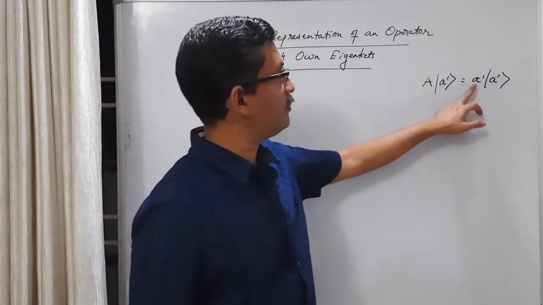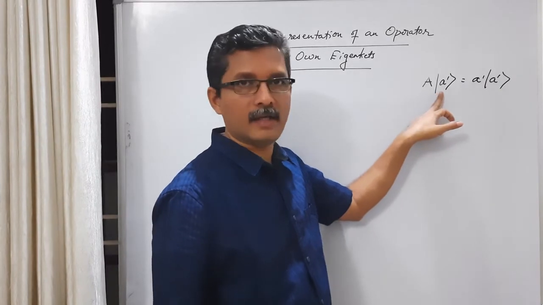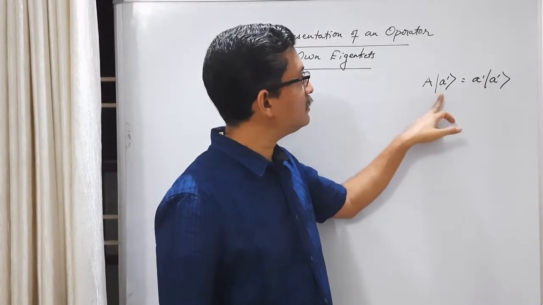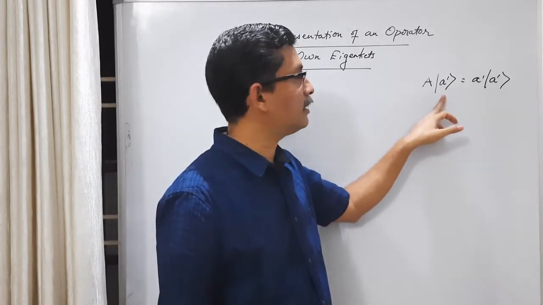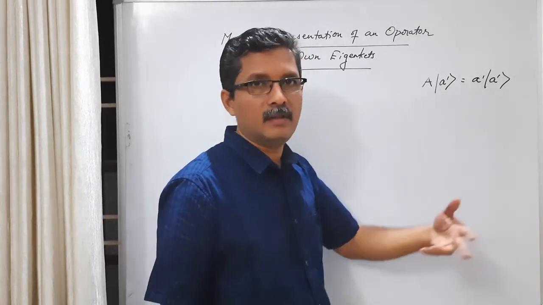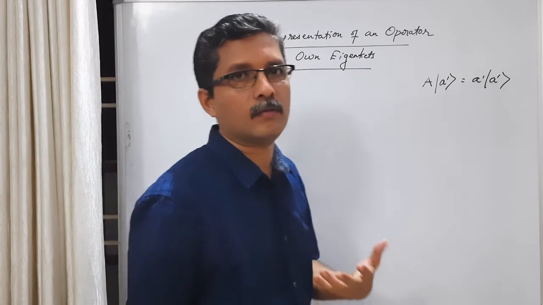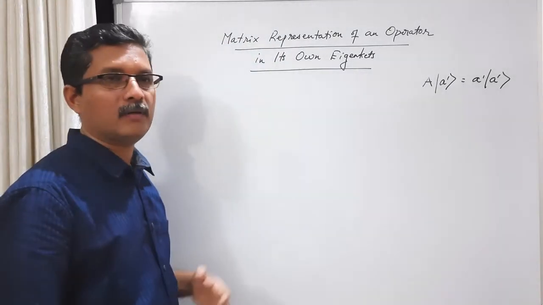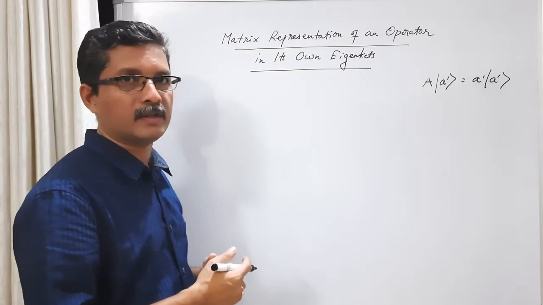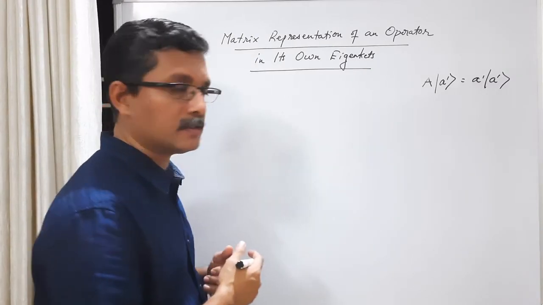Here A prime is the eigenvalue and this is the eigenket. Suppose this operator is a Hermitian operator, then these eigenkets form a complete set and they can be used as base kets of the vector space. So in such a case, what is the matrix representation of the operator?